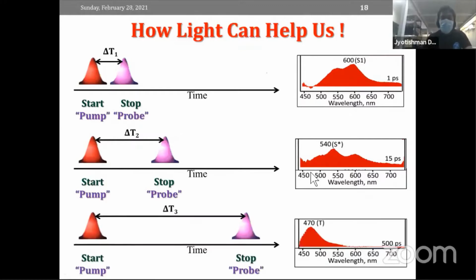Then successively, after a longer time delay, let's say 500 picoseconds, I am going to bring my probe, or my stop, which will record the color of the molecule after that. So essentially, by increasing the time gap between my gunfire, that is my start, and my stopwatch, in successive delays from hundreds of femtoseconds to hundreds of picoseconds, I am going to record the color of the molecules as the reaction progresses.